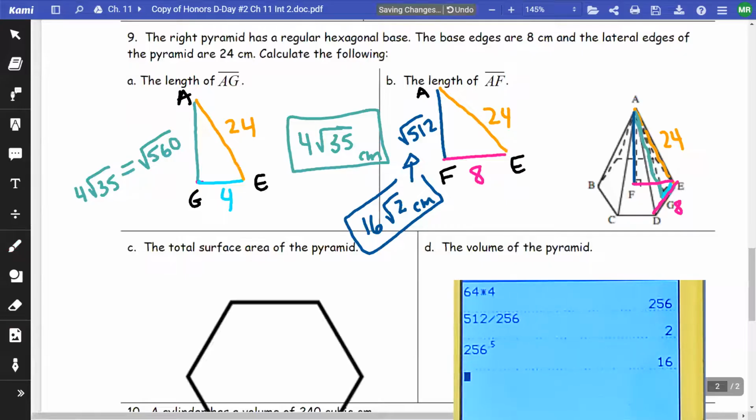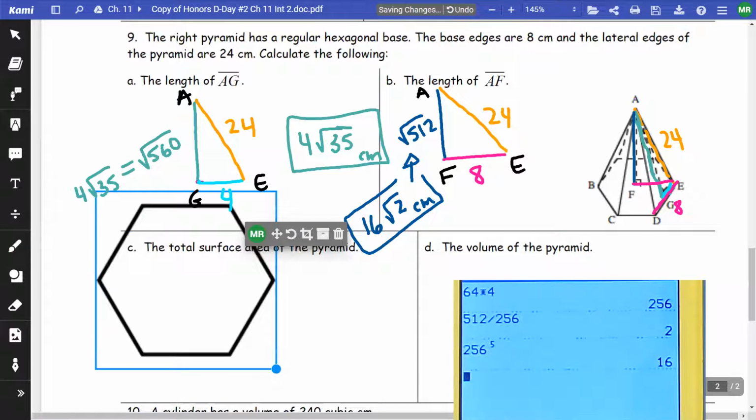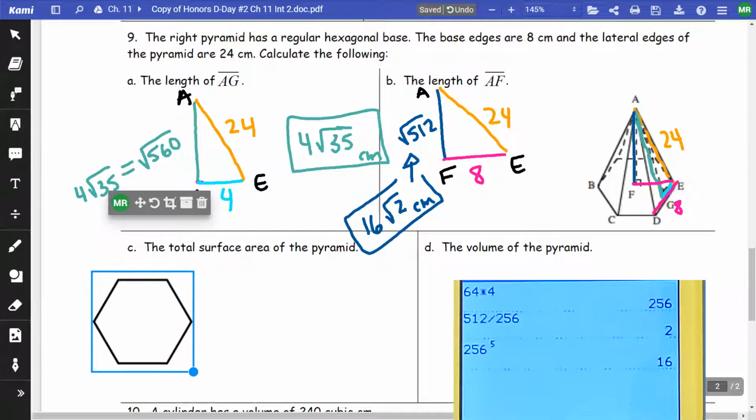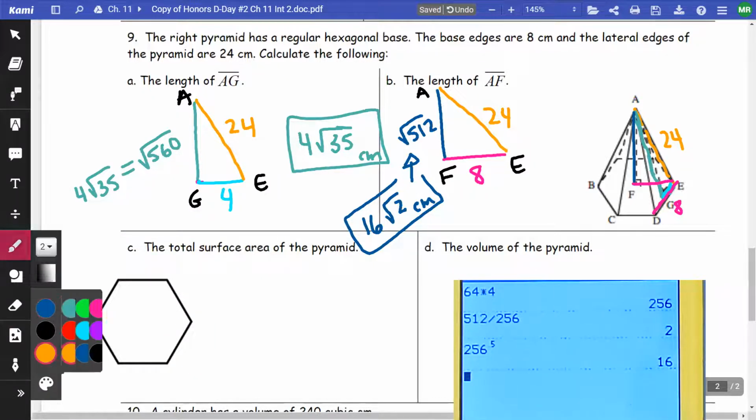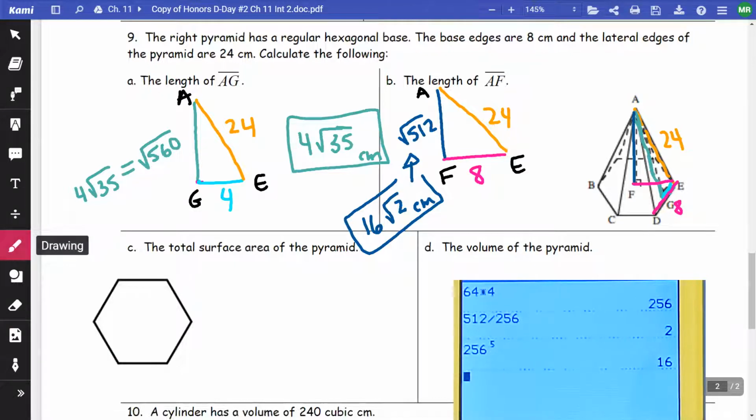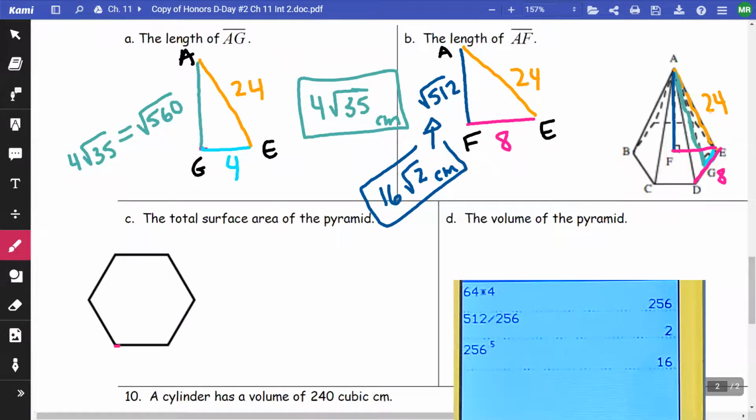So in that hexagon, we know that from our center out, we know that this is 8.